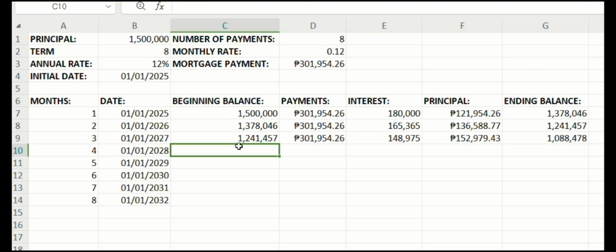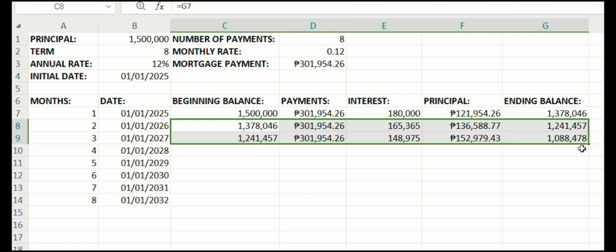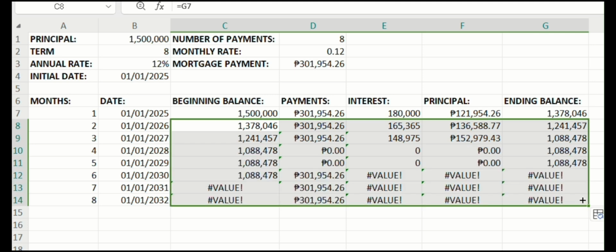So after getting year 3, we will try to narrow down our computations. Always remember that we will start narrowing down in the second year, and as you can see there are some errors in the computation in Excel, so we need to change the formula in the interest.